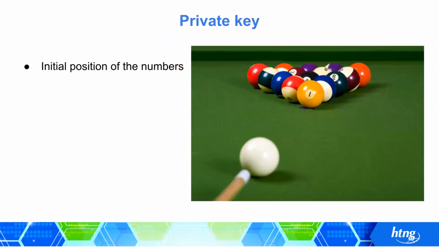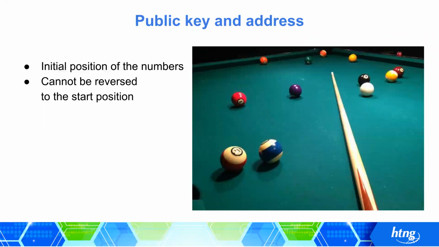How to explain how it works under the hood? We can compare the private key with the start position of balls on a billiard table. Only the owner knows these position numbers on the table before knocking. We can compare it with the private key.